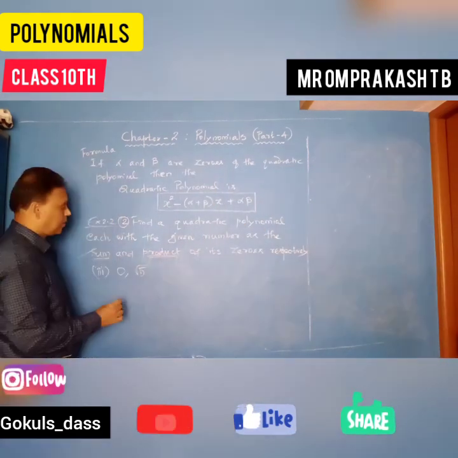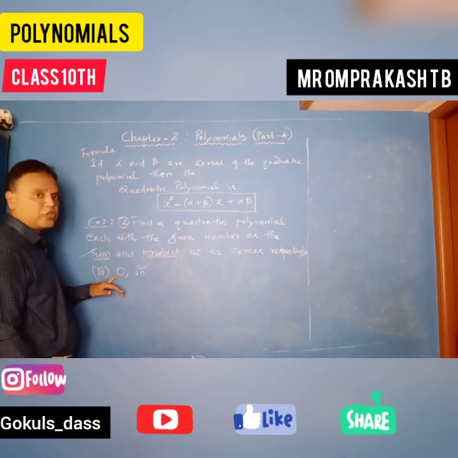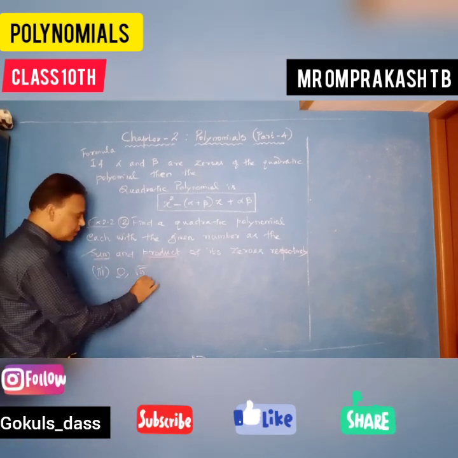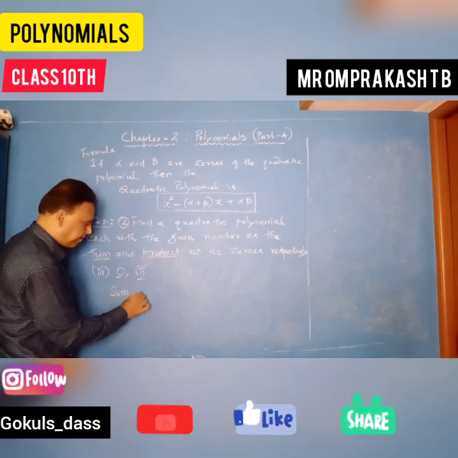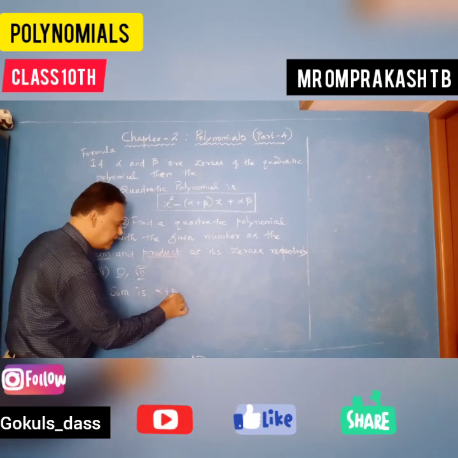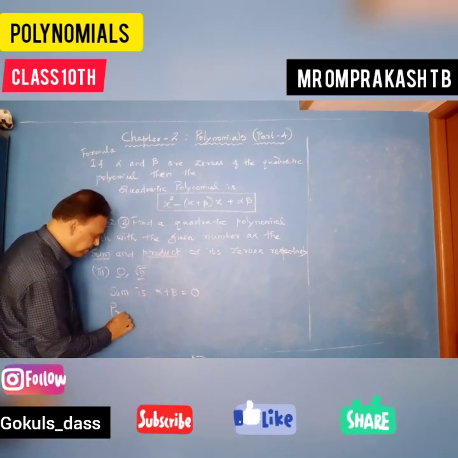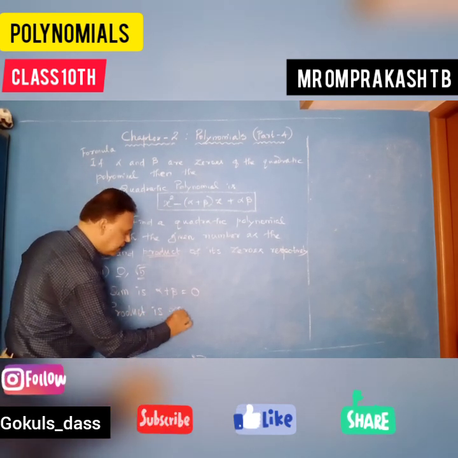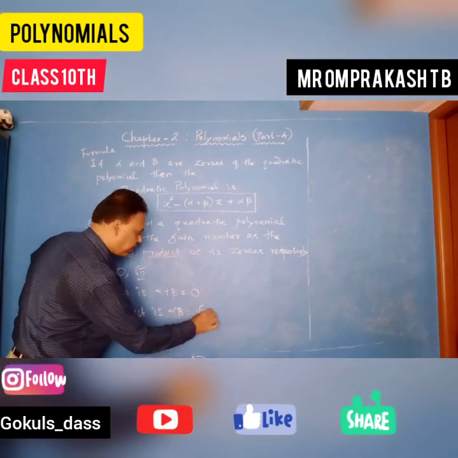Next, in the same problem, subdivision 3: 0 comma root 5. The sum is 0 and the product is root 5. So take the sum alpha plus beta, that is 0. The product alpha beta is root 5.